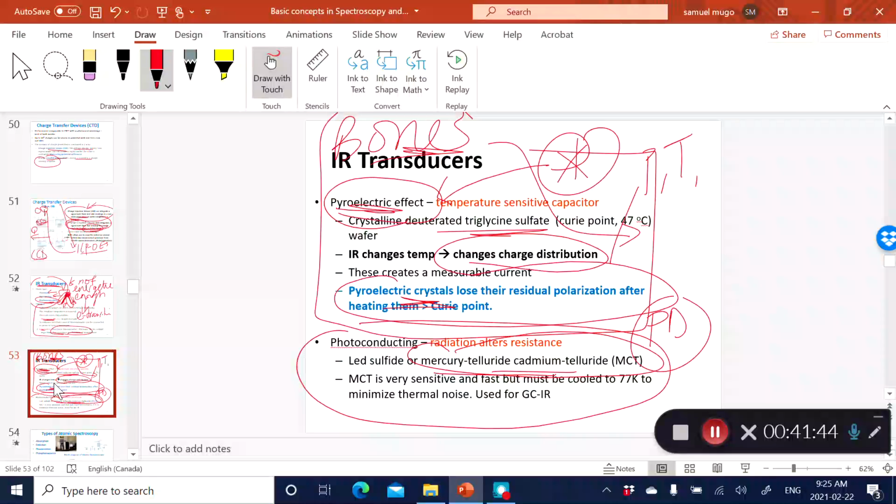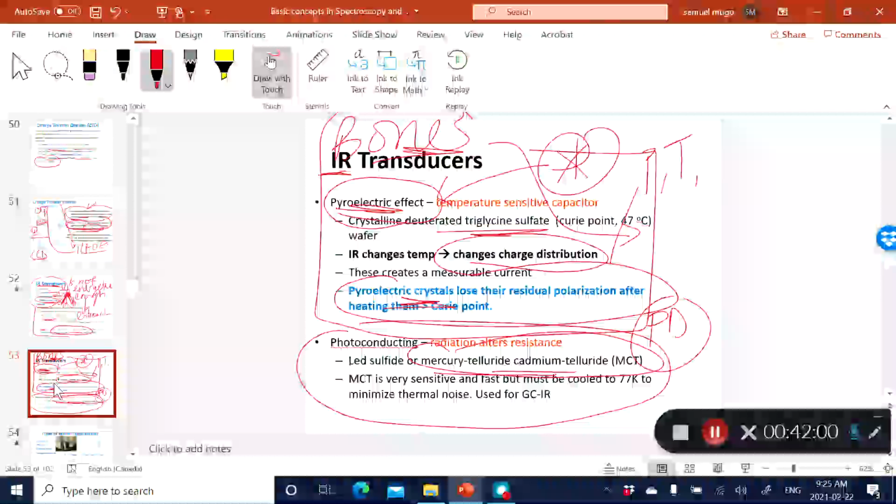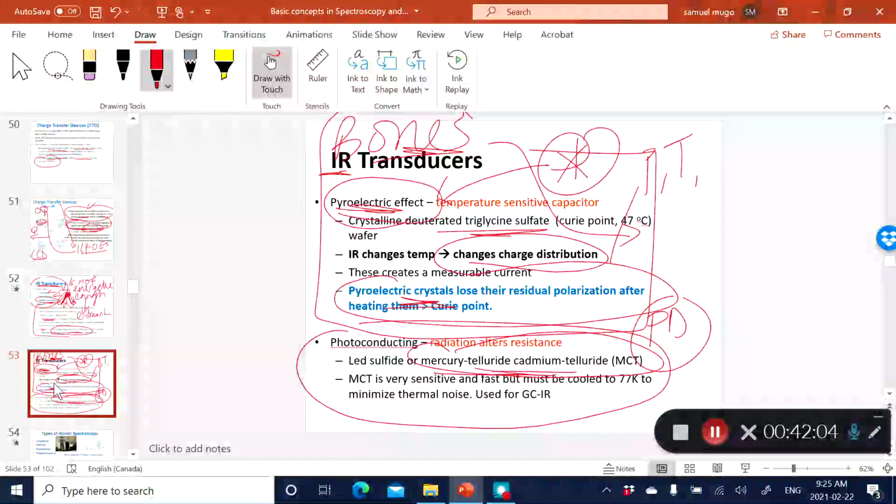And because, as I've said, the valence band is not very far from the conduction band, even heat from IR can simply cause that transition. And so you can measure the current that is being generated as heat or IR is impinged on a photodiode material.